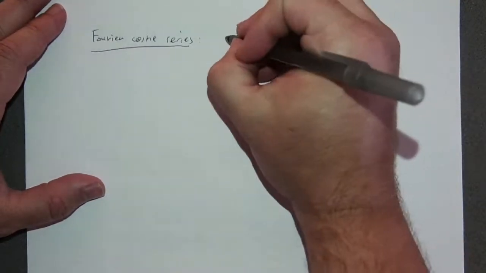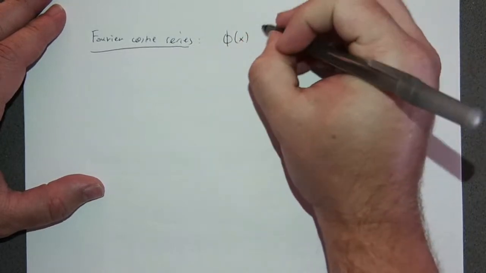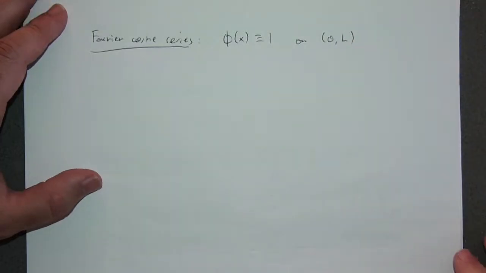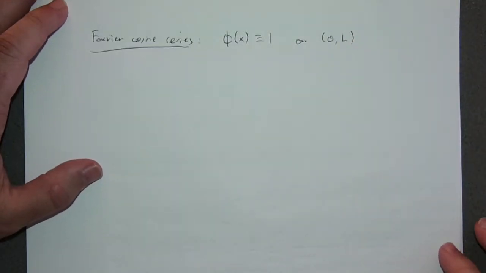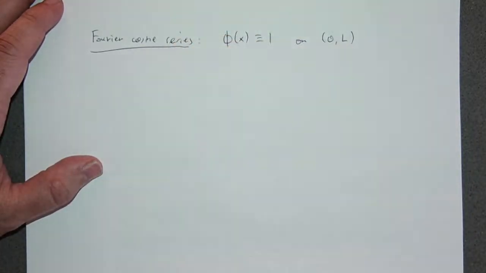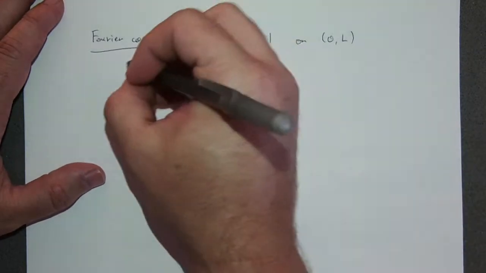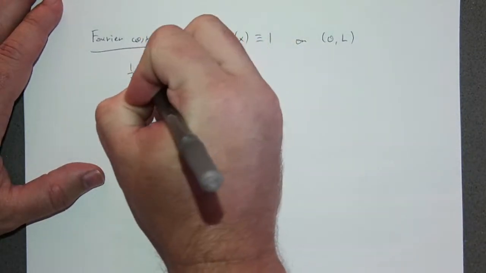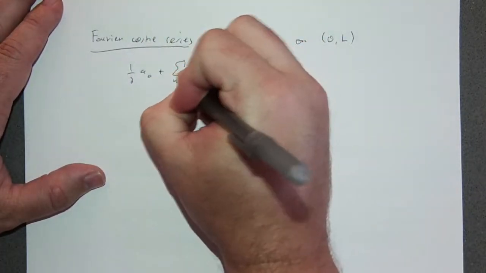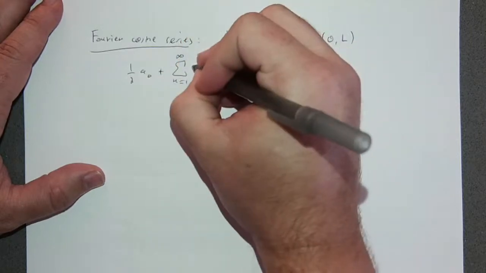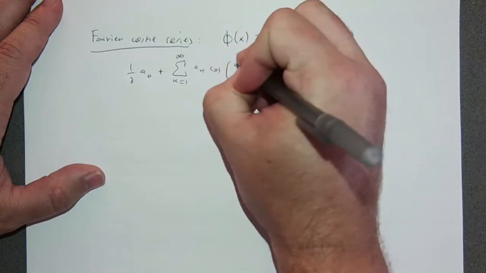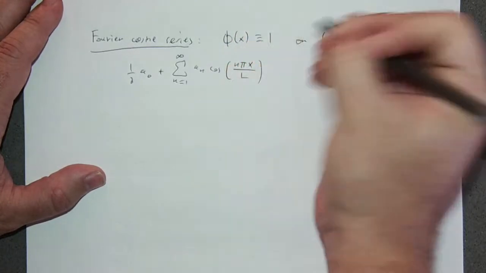Well, again, the function in question is just the identical function, 1 on 0 to L. And so what about writing out the Fourier cosine series? This would be me writing out 1/2 a naught plus the sum from n equals 1 to infinity of a sub n cosine of n pi x over L.